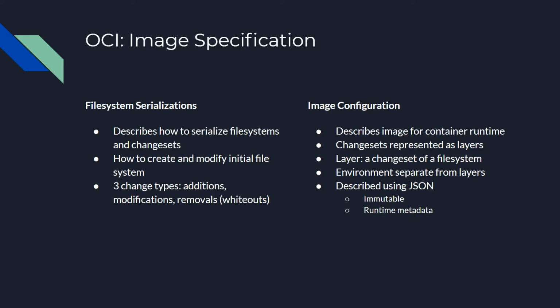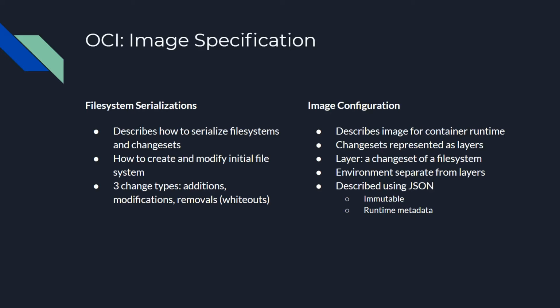So the OCI image specification, I would say, primarily revolves around the file system serializations. And these serializations describe how you take a blank file system and you start adding layers onto it to eventually create your application image. So if you want to create a C application that uses some network tools to do something, you might have your first layer be adding in some basic network tools.